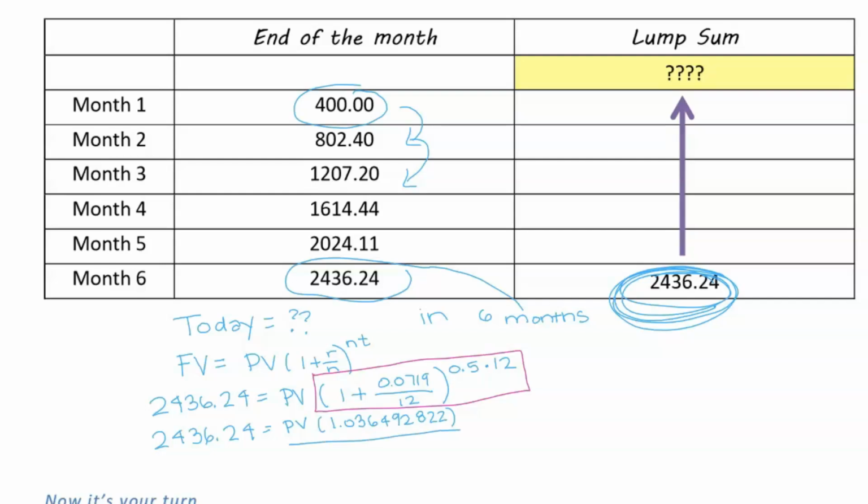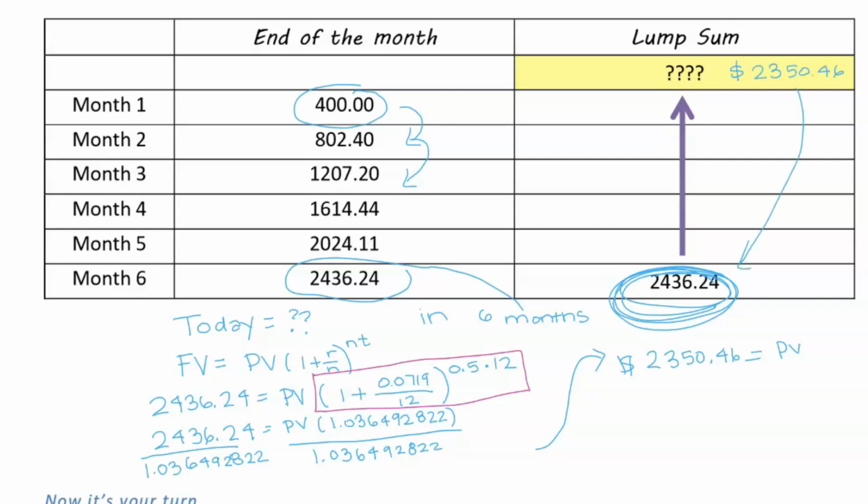Now, I'm going to divide both sides by that number, and I am left with the present value equals $2,350.46. This is how much money I would put into an account today so that in 6 months I'll have the same amount of money as if I paid $400 into an annuity every month for 6 months.